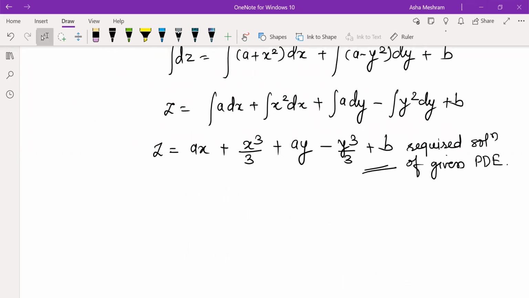Now let's move to example number 26. So what is there?